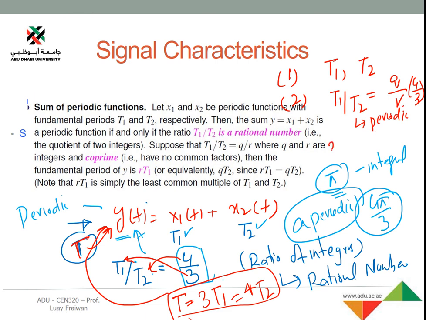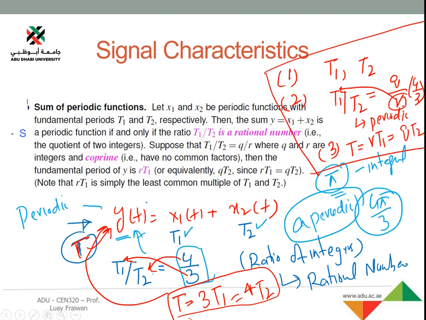If it is periodic, the third step is calculating the fundamental time period, by multiplying r with this one, or q, the integer, with this one. This is the summary, a very important thing: calculating the time periods, the ratios, and then the fundamental time period.